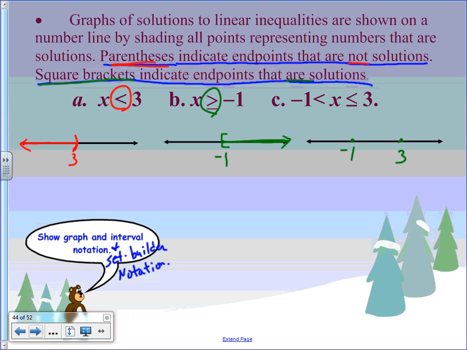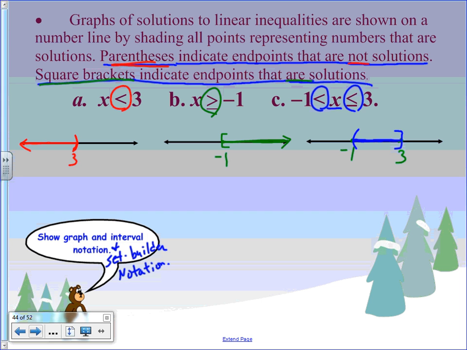Now, the points are between. So I'm going to graph all the points in between these two places. But then my question is, what about the endpoint? Well, over here at -1, it's not included, so I'm going to put a parentheses. And on the right-hand side, it says or equal to, so I'm going to put a square bracket.